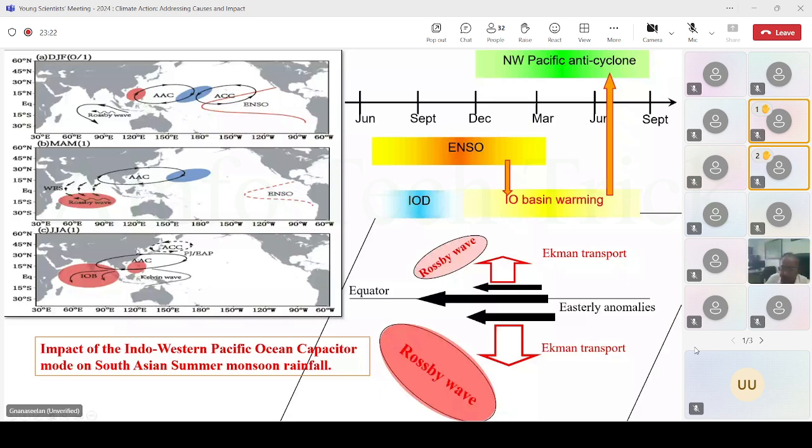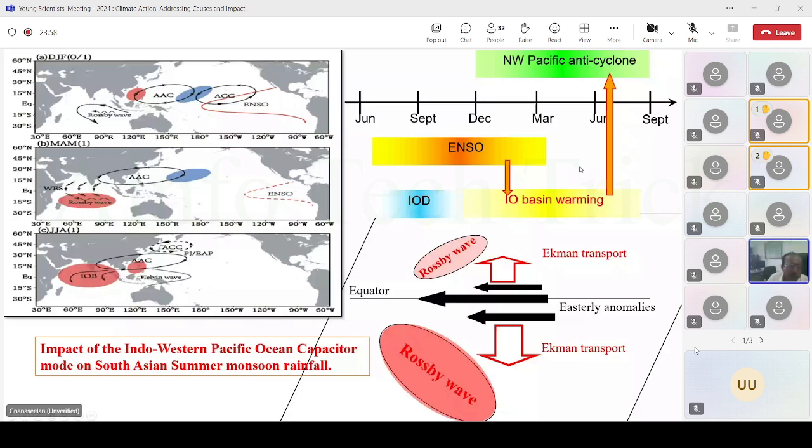And so these easterly winds we were talking about, and the Rossby waves: the Ekman transport associated with these easterly winds can also feed the downwelling Rossby waves. So the downwelling Rossby waves are now forced both by the wind stress curl of the anticyclone as well as by the Ekman transport.